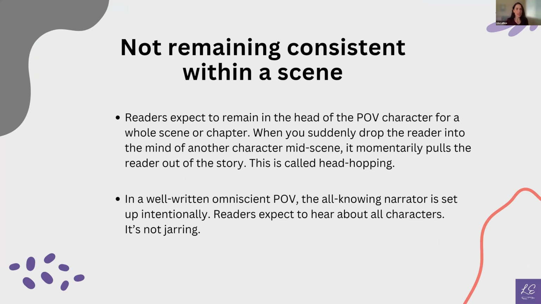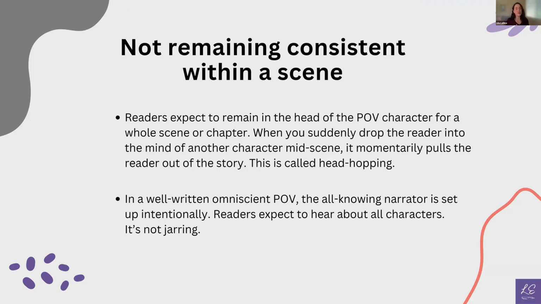If you're writing in anything but objective or omniscient, it should be consistent for a whole scene. Readers expect to remain in the head of the point of view character, and when you suddenly drop them into the mind of another character, it's jarring, and it momentarily pulls them out of the story. And that's what head hopping is.